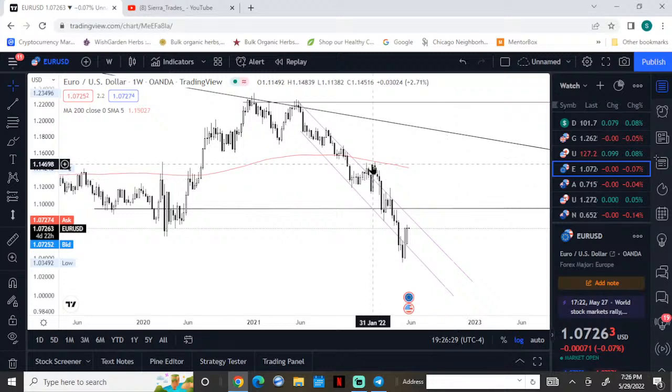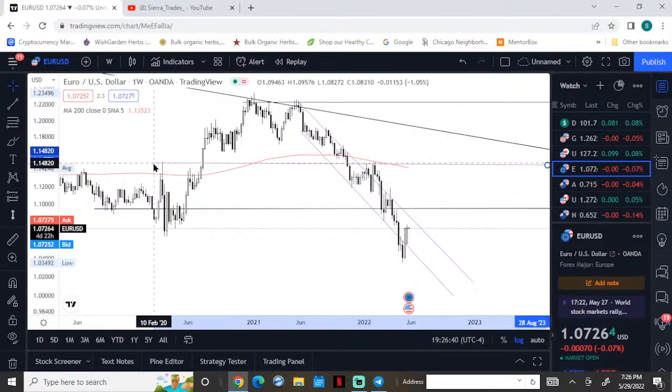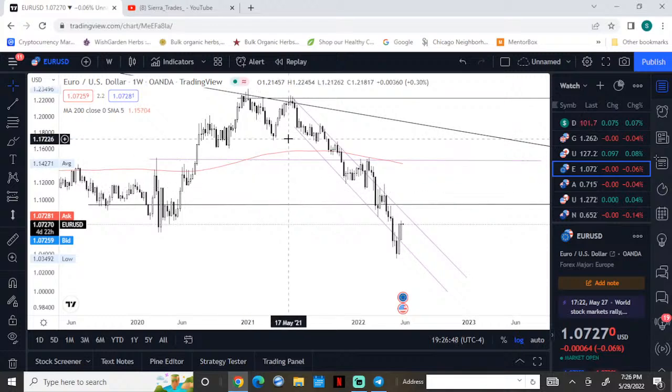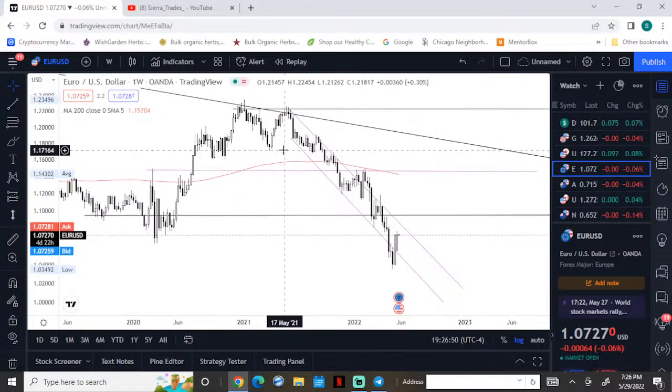I'm going to mark this area right here, just because if I bring it across, we have a couple touches. I am going to mark this area right here.